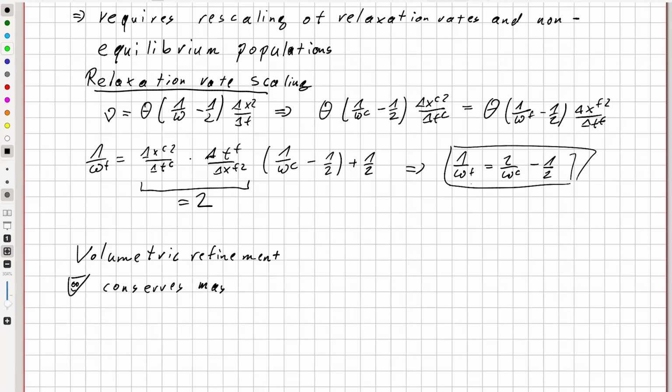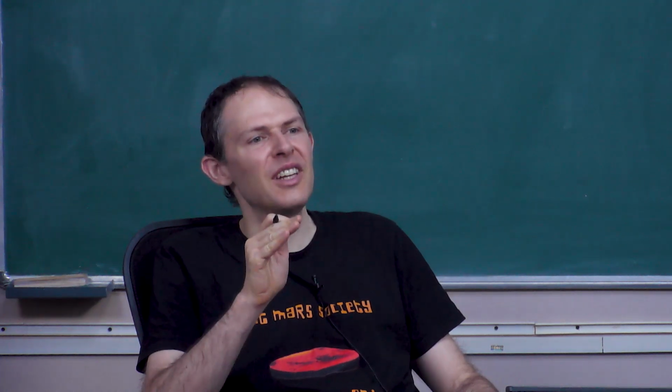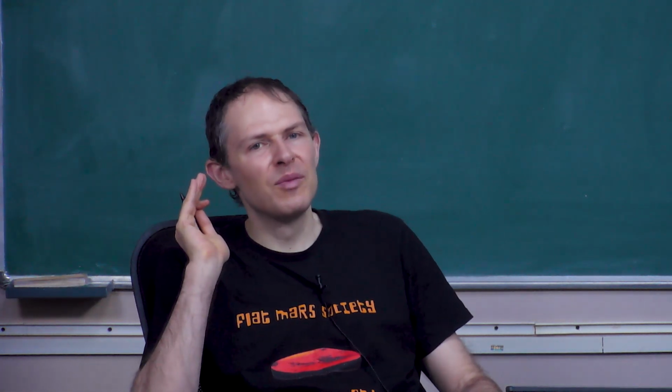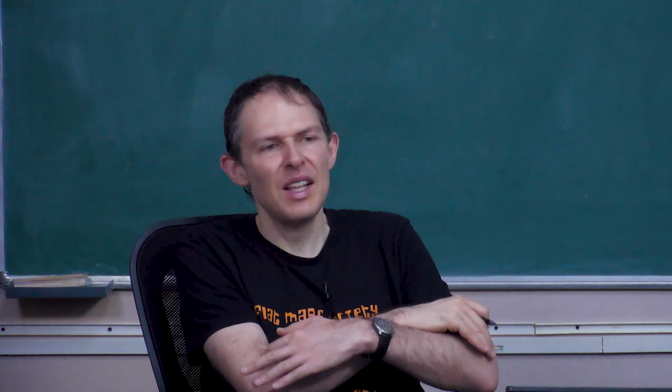I think it is still almost the only method, I'm not sure it's the only one, but it is still the method that most obviously conserves mass and momentum. So this thing does not lose any mass and momentum, but you have to be aware that you can actually overdo conservation of mass and momentum.